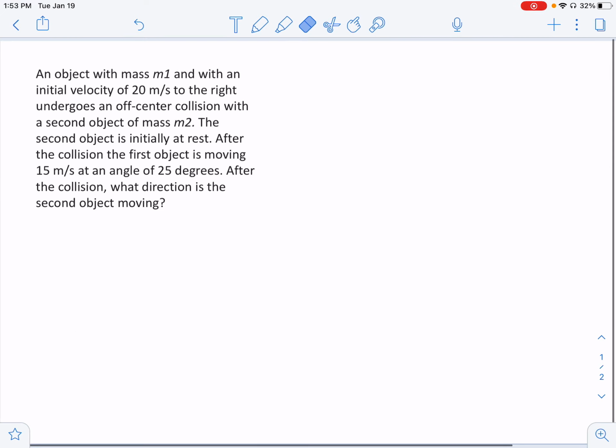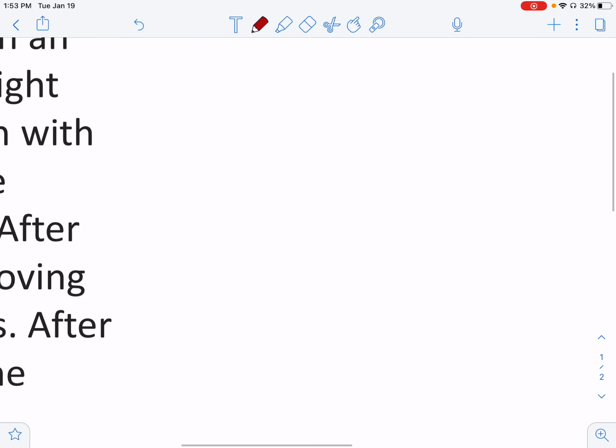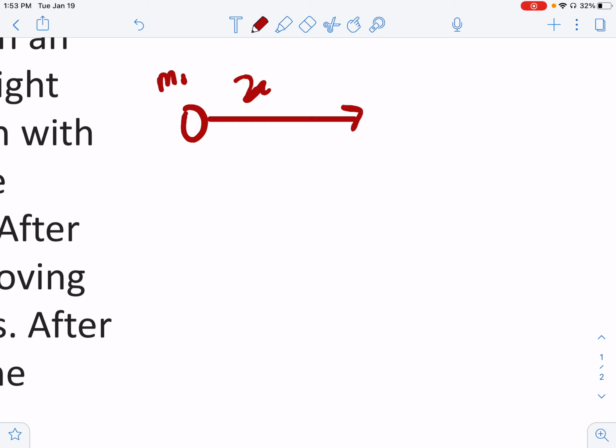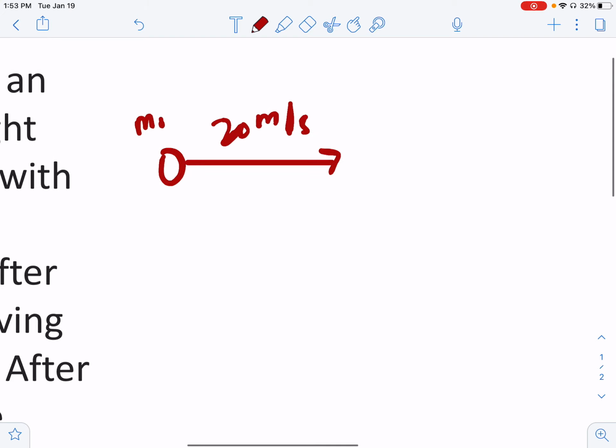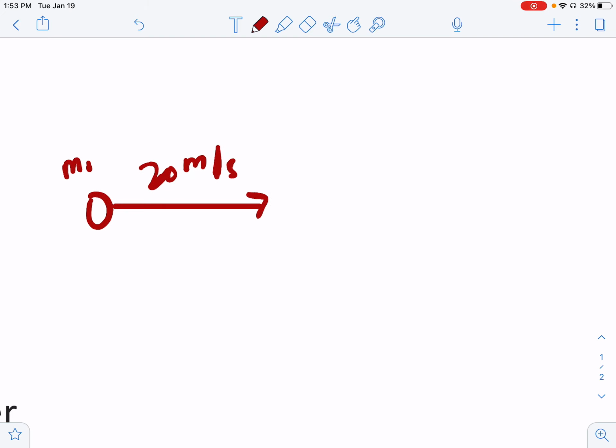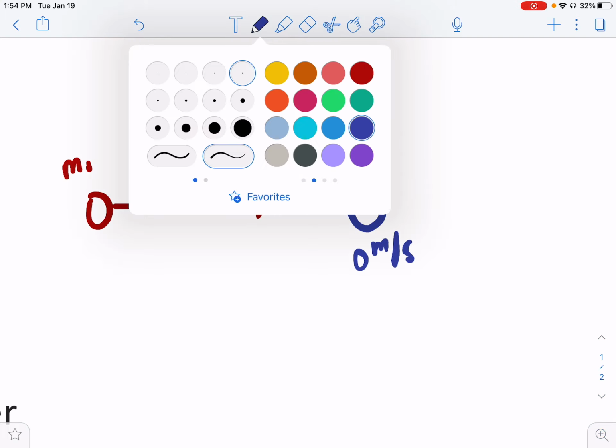So let's go ahead and draw a diagram to see what we have going on here. We have our first object, and let's just have it going to the right at 20 meters per second. Before we get there, let's go ahead and show the other guy. The other guy is sitting here, so its initial velocity is 0, and this would be m2. So this would be the before.